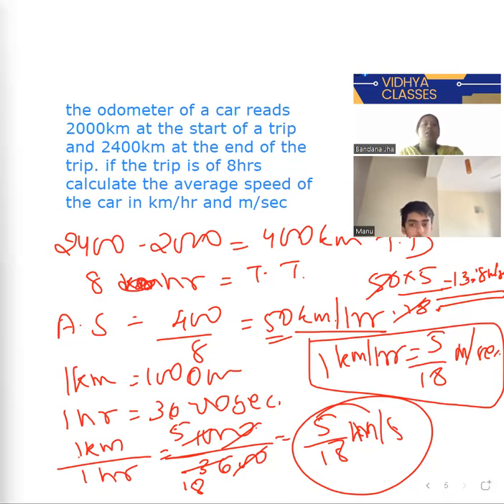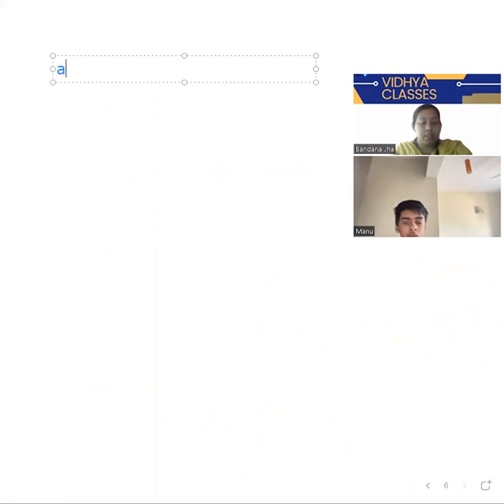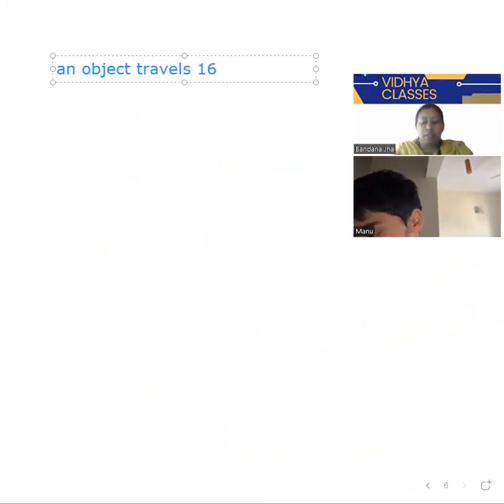Now, for your homework. Now it's time for the homework. Write two questions for your homework. An object travels 16 meter in 4 seconds and then another 16 meter in 2 seconds.